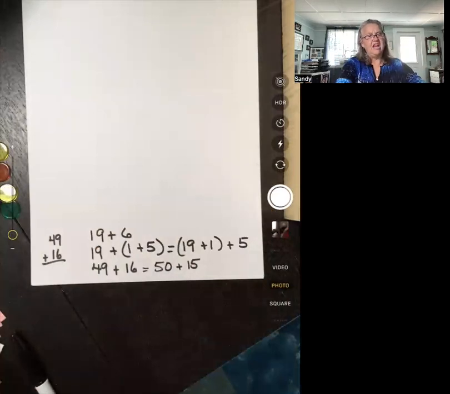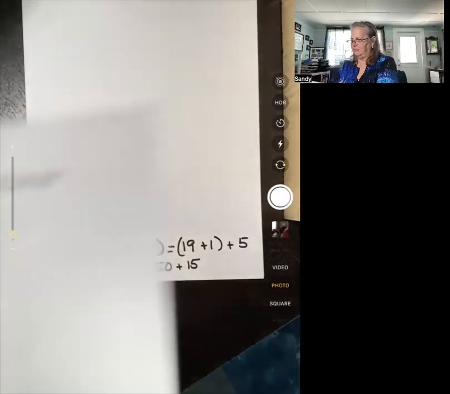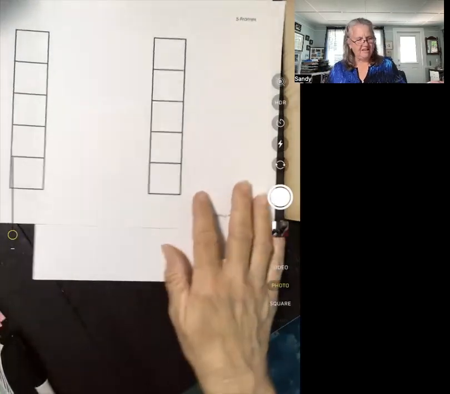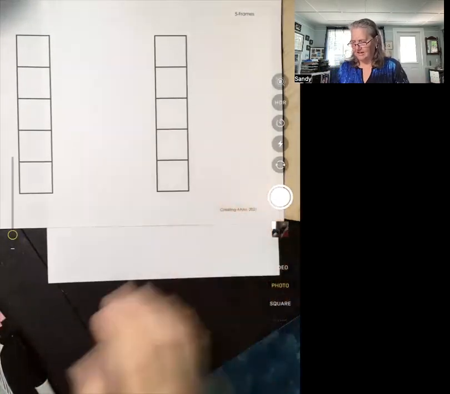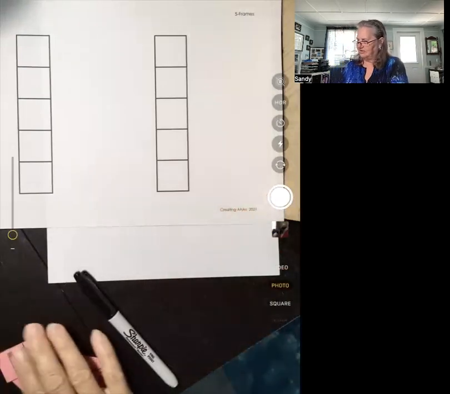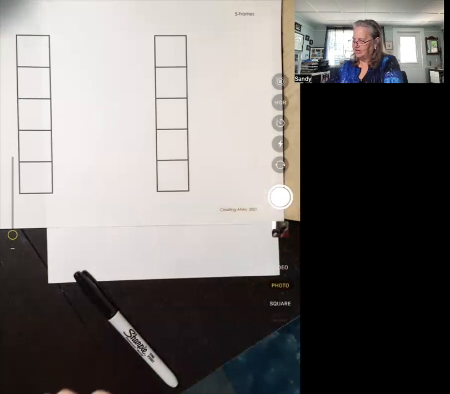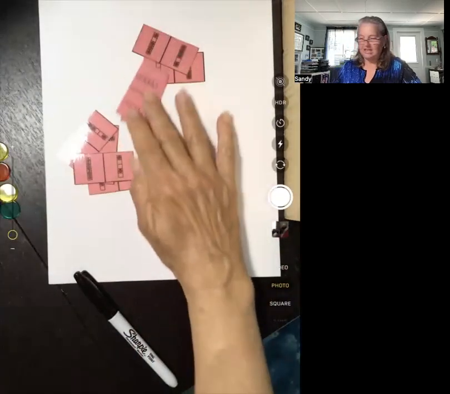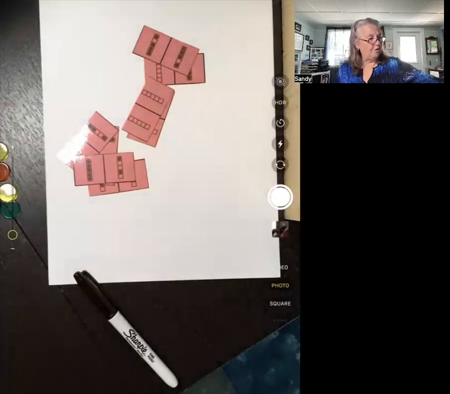Now, the other strategy, that was bridge to 10. Another strategy you may see your child using is a doubling strategy. And these are 5 frames. Now, prior to the 5 frame use, or the doubling work, you may see your children doing some work with these 5 frames or other 5 frame dominoes. And they may start out with matching.